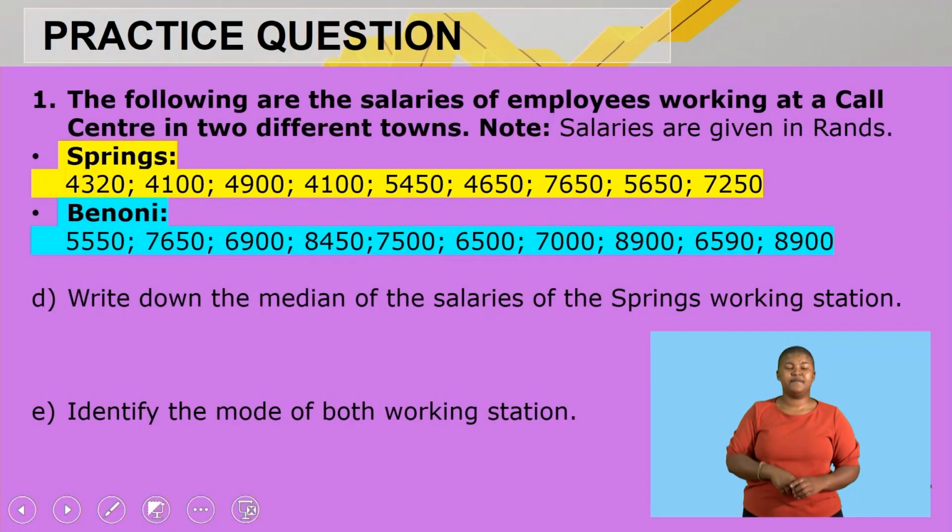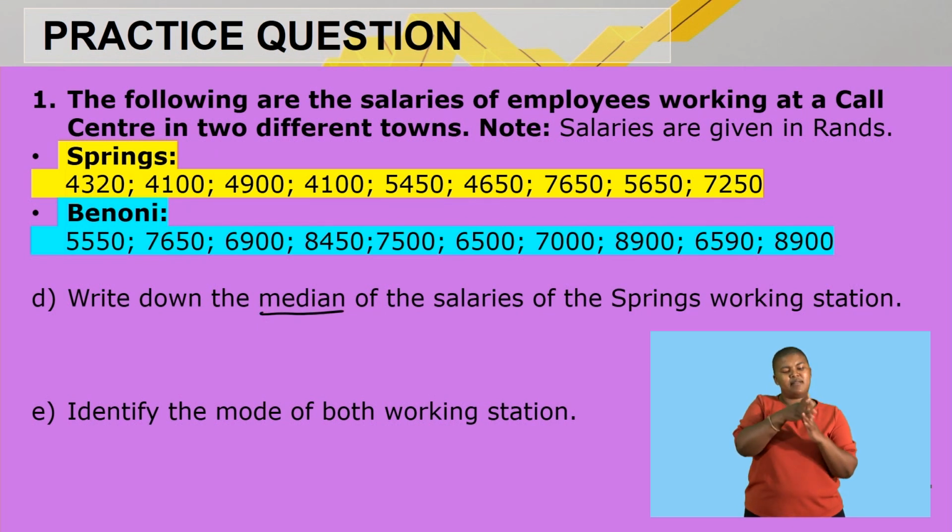Then moving along to number D, write down the median, meaning the middle value of the salaries of Springs Working Station. Remember we've said before, to identify your median, you need to write in ascending order.